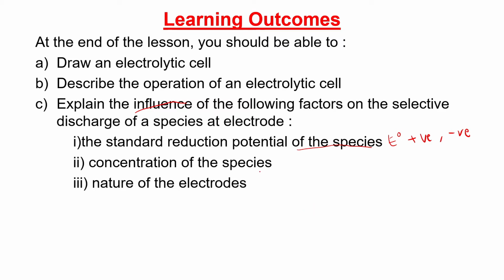The second factor is the concentration of the species, meaning the concentration of the solution, whether it is dilute, concentrated or aqueous. And the last factor is the nature of the electrode. Nature of the electrode means the type of electrode used, whether it is an active electrode or inert electrode. So all three of these will affect the product discharged at anode and cathode.